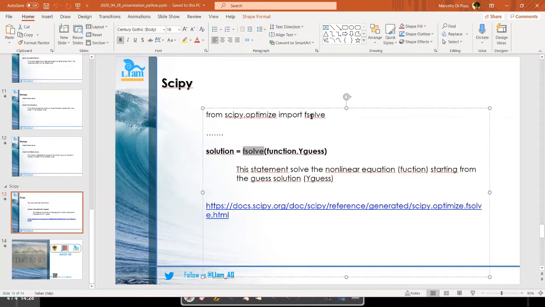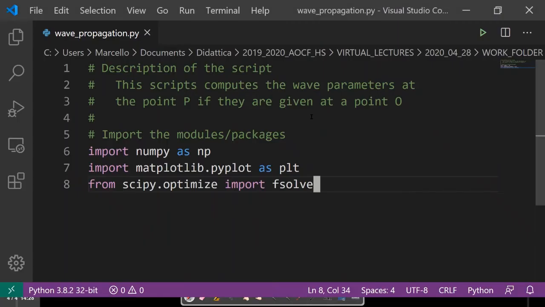We implemented the standard method to compute the free surface profiles and so on. So we don't use any new functions within Python, but we use all the functions that we have already used in the past.